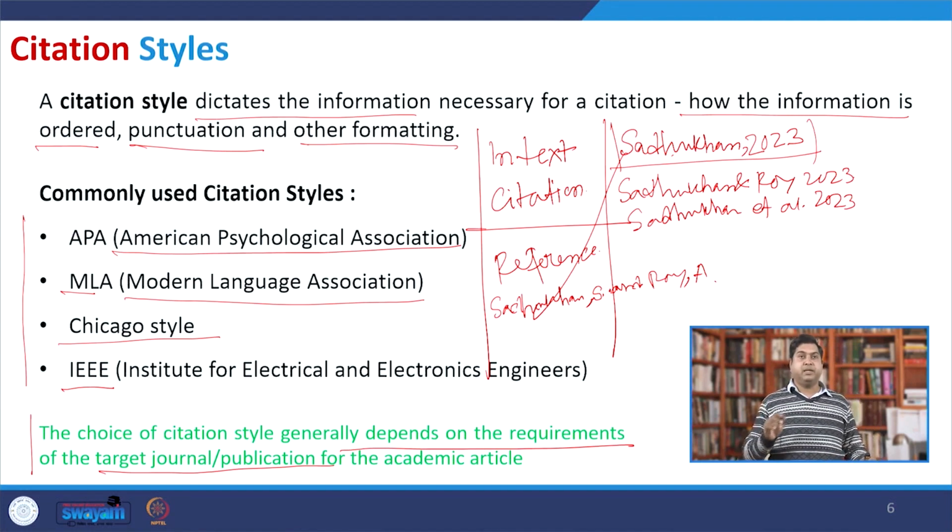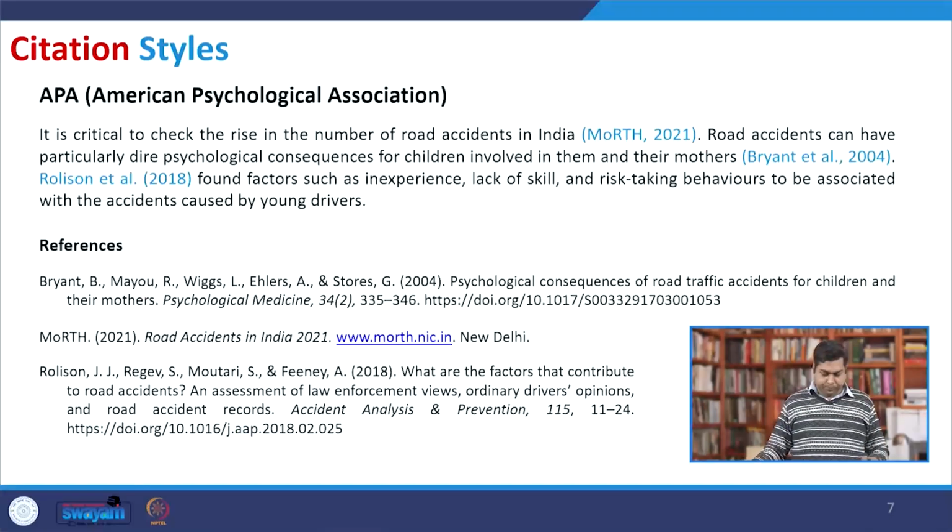The number should be the same. Doing it manually is very time taking, and there is also a probability of making some mistakes. To avoid that, we can definitely take help of a referencing manager.